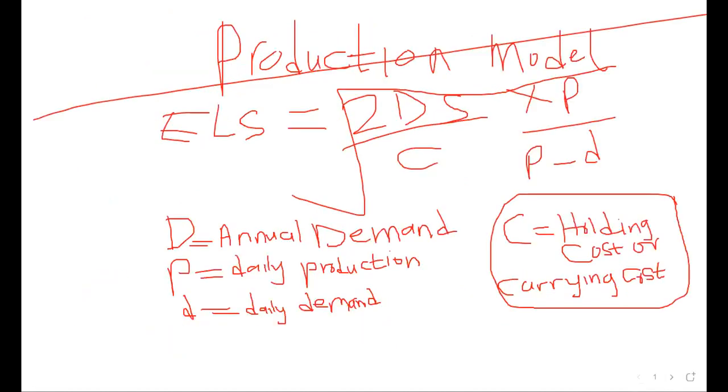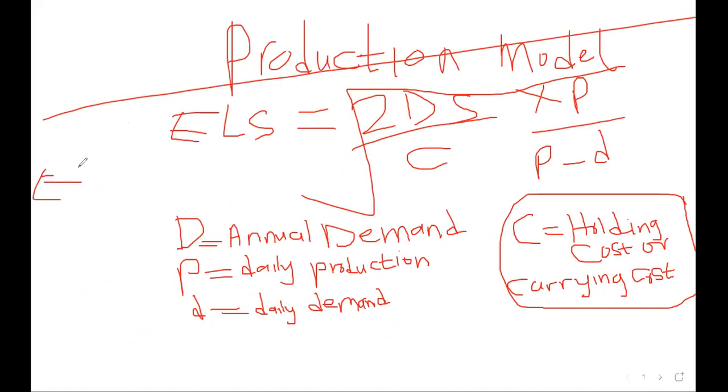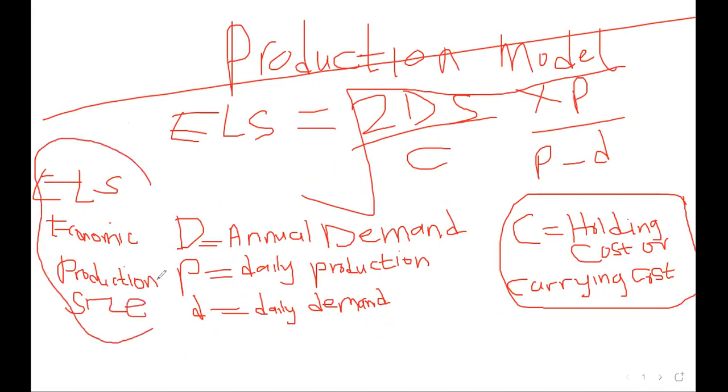So we started from production model. This is economic lot size. ELS simply means economic lot size, economic production size.